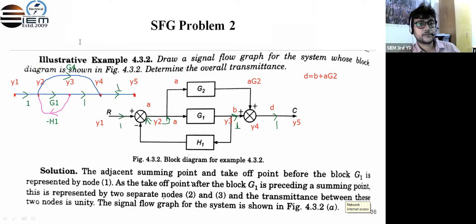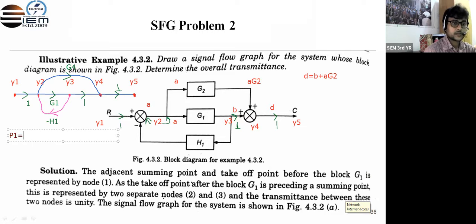Now if I write P1 equals y1, y2, y3, y4, y5, and what is the gain value? What is the forward path gain?